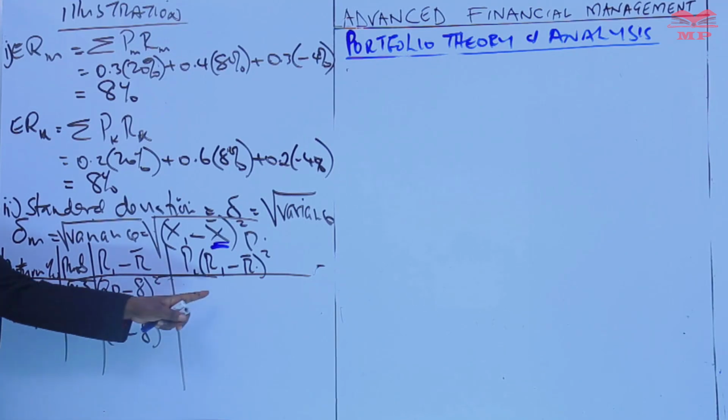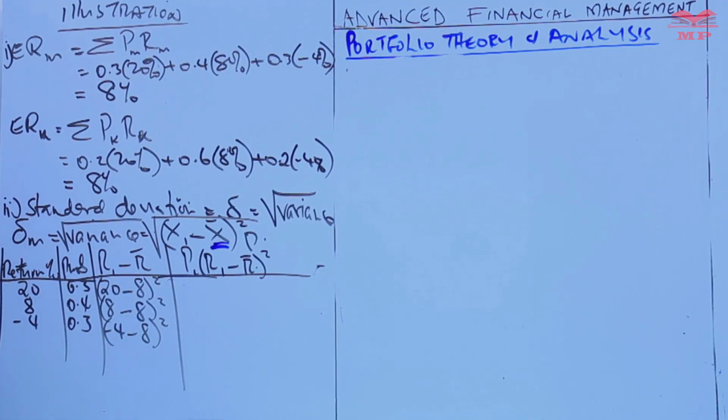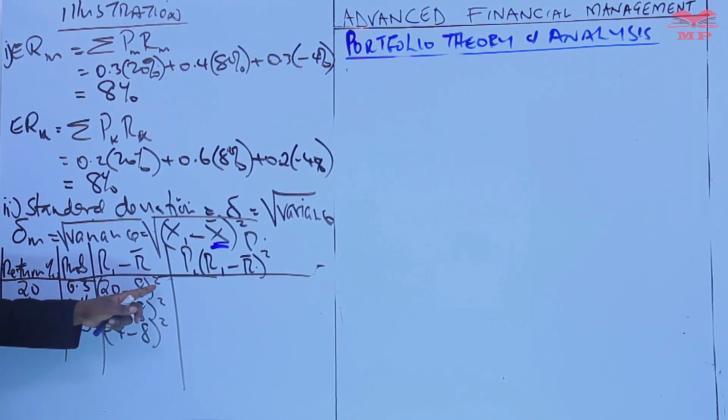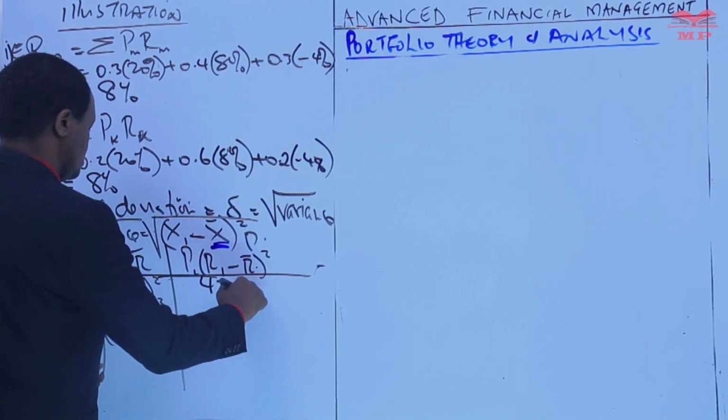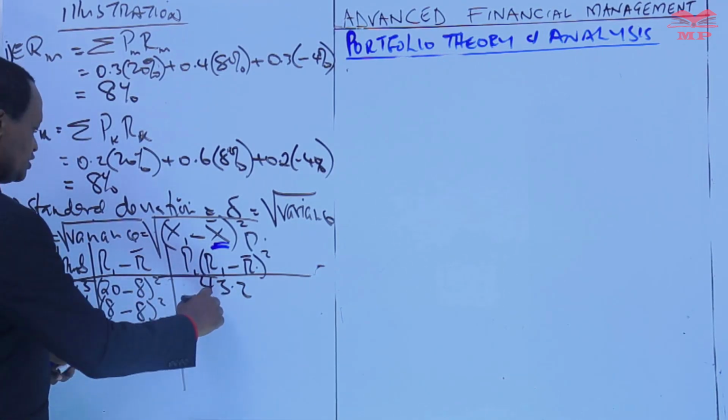So I want this value: 20% minus 8%, square it, times 0.3. What do you get? 43.2. This one is obviously just 0.